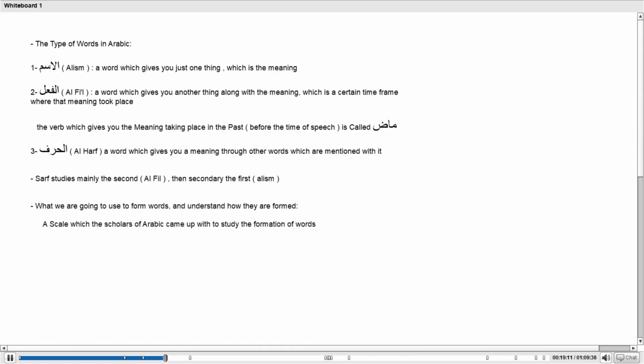Then we have the verb which gives you the meaning taking place in the present, meaning in the time of speech.